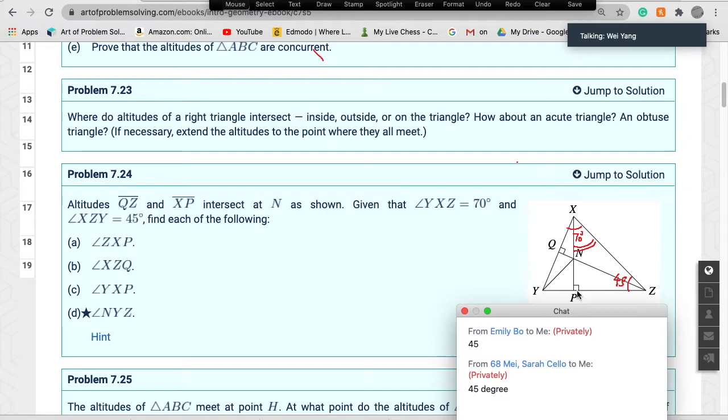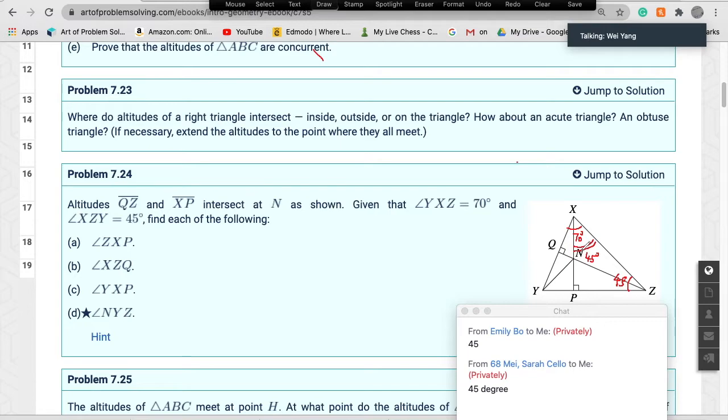So we already know this angle XZP equals 45 degrees.